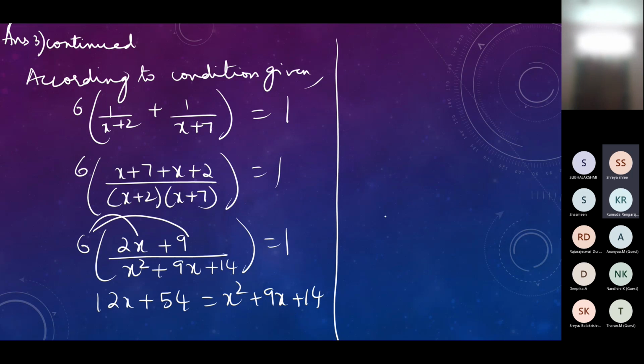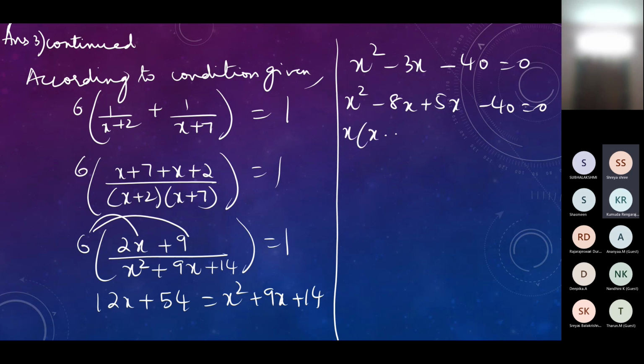So now gather all the terms on one side. That will give you x squared plus 9x minus 12x, which is minus 3x, and plus 14 minus 54 is minus 40, is equal to 0. Now split the middle term. 8 fives are 40. So x squared minus 8x plus 5x minus 40 is equal to 0.